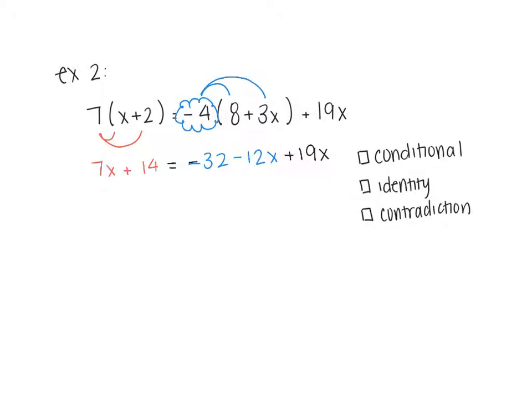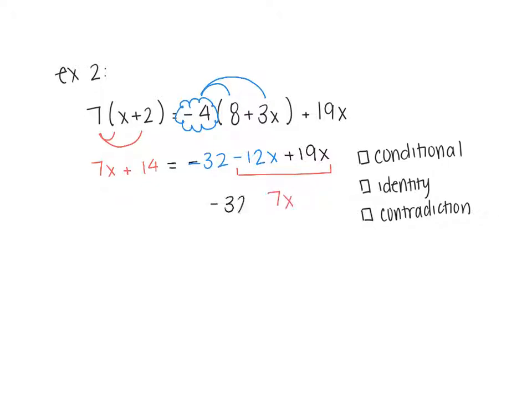So now I'm working on combining like terms. So on the left, I've got negative 7x plus 14. Well, there's no like term with negative 7x plus 14, so I move on. On the right, negative 32 minus 12x plus 19, so I do have a like term. Negative 12x and 19 is going to give me positive 7x.